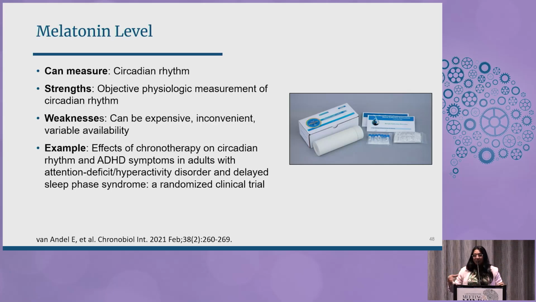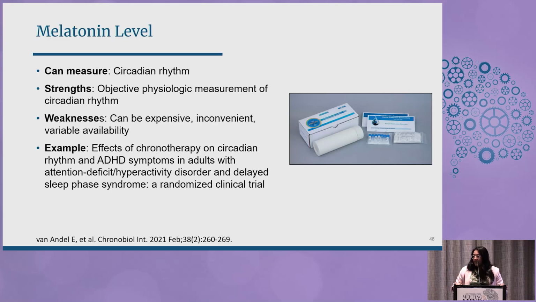You have to provide a lot of saliva to track the circadian rhythm throughout the day for multiple days. So you have to be committed to doing it, but it is a physiologic measurement of circadian rhythm. It can be expensive, inconvenient. Some places have this available, some don't.